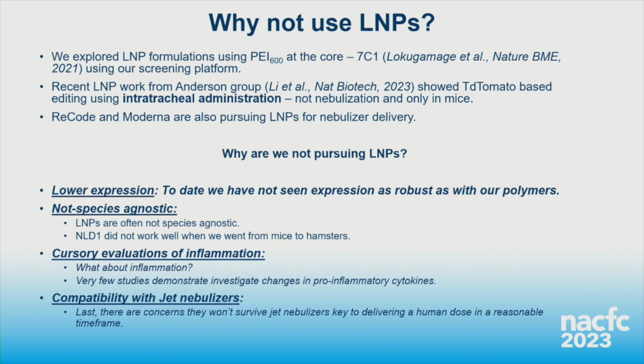In the end, probably the most important thing for me to mention is why we're working on polymers right now as opposed to LNPs. One is lower expression. Honestly, so far with the LNPs that we've been able to compare with, we're seeing higher expression from our polymers. You'll see more of that in a minute.